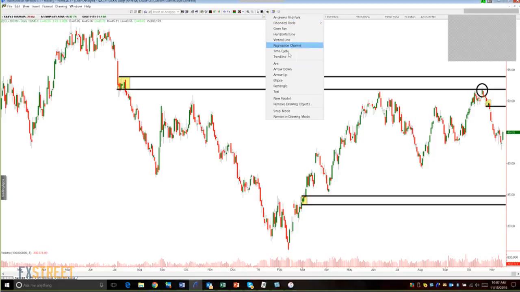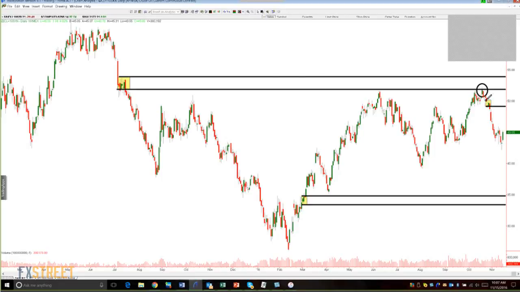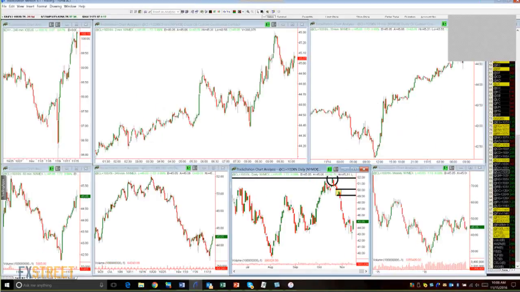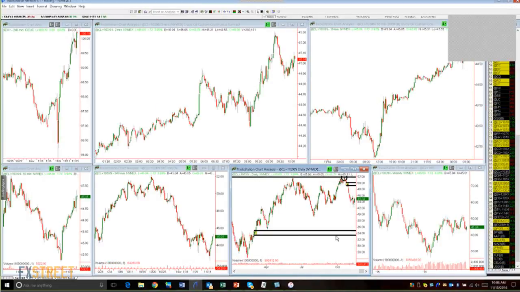I don't know that we see that happening anytime soon, but if we do get up to this level, that would be another selling opportunity, and this one would very likely take us down to the 35 mark. So that's a longer term trade that I would be very interested in. Those are the type of trades I really like to take. That's the bigger picture view of crude oil.